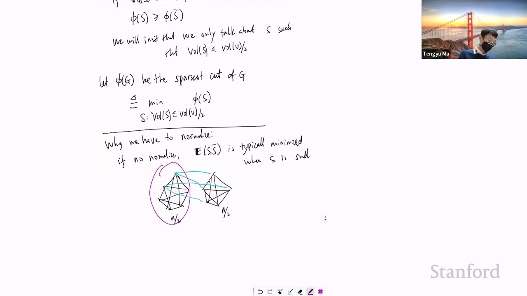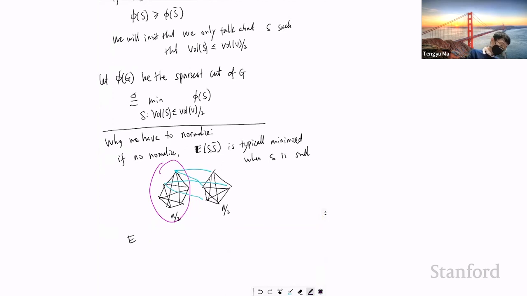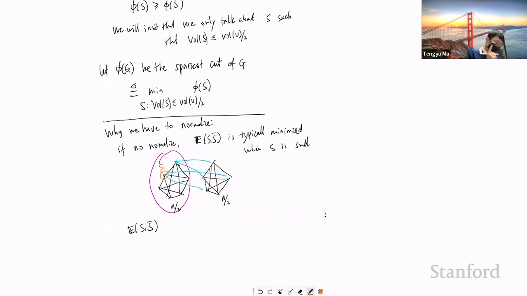But if you use the metric E of S, S bar, then you see that some other cuts will have a smaller number of edges across, because you can just take S1 to contain 1 node. Then E of S1, S1 bar is basically the number of edges connected to S1.